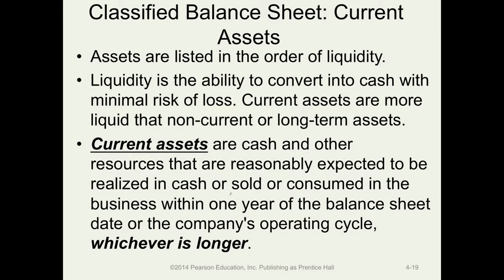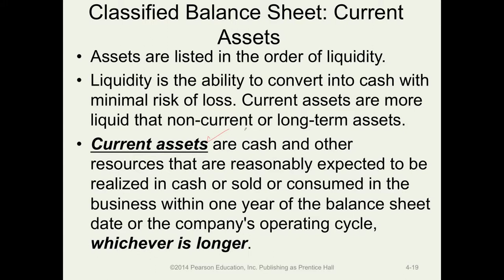And once again, here is our current asset definition: cash and other economic resources that are reasonably expected to be realized in cash, sold, or consumed within 1 year of the balance sheet date or operating cycle, whichever is longer. As we said, companies like shipbuilding, tobacco production, distilling of liquor, maybe even construction, long-term construction projects would have an operating cycle greater than 1 year.